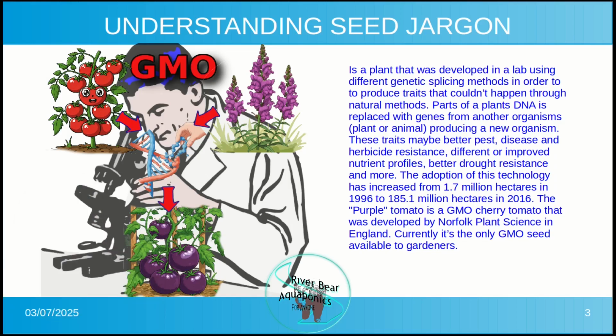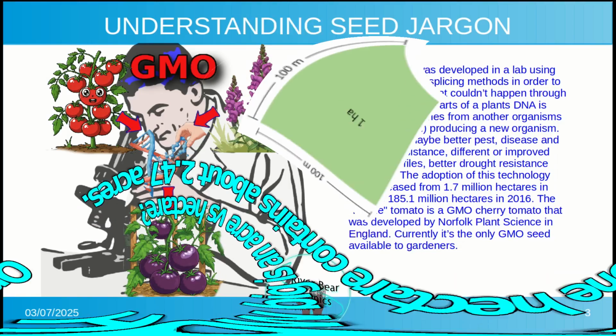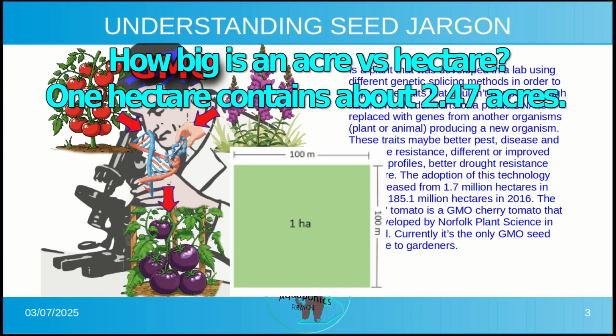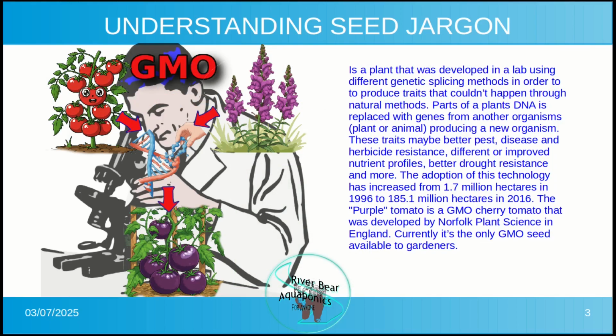The adoption of this technology has increased from 1.7 million hectares in 1996 to 185 million hectares in 2016. This is 2025, so it's probably even a lot more than that. The only GMO that's actually available to the gardener is a tomato called purple.